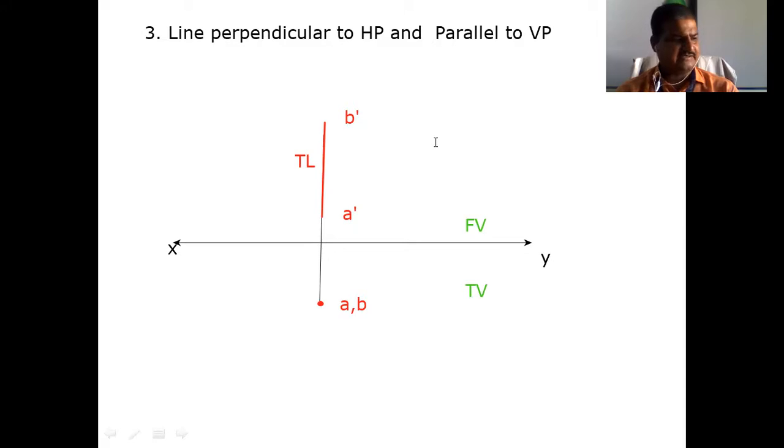Top view is below XY line and it gives point view. It means length is not visible in a top view. Length is not visible in top view.